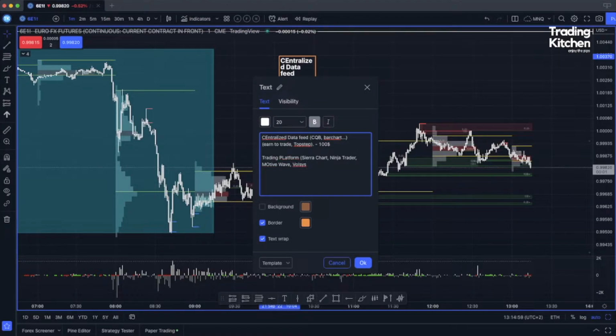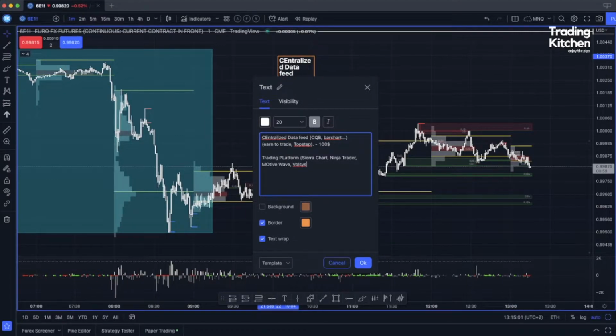I don't remember, but there are so many platforms that you can use. I have been using NinjaTrader for about 2-3 years, probably because it's the cheapest one, even if the annual subscription or lifetime subscription, I don't remember.